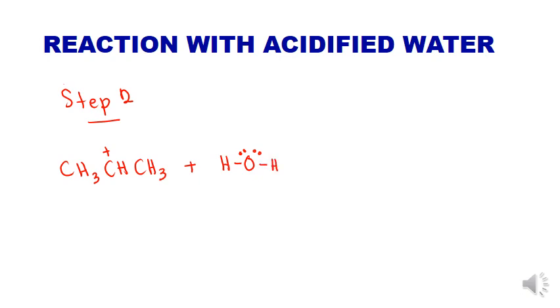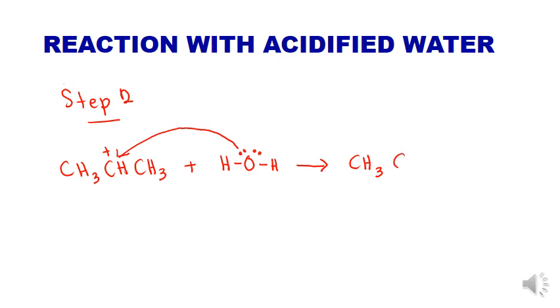So it becomes the nucleophile. So now this nucleophile will attack using its lone pairs to the carbocation, which is the electrophile, and then form a product which is called the protonated alcohol.